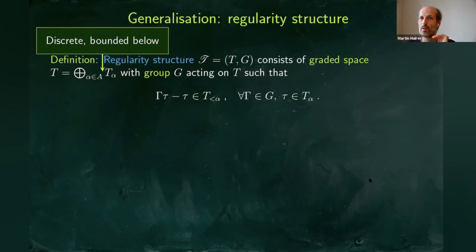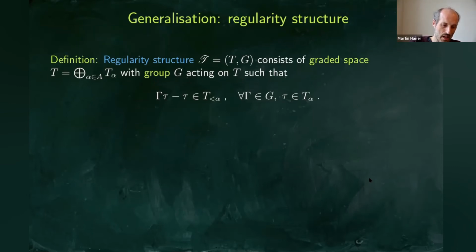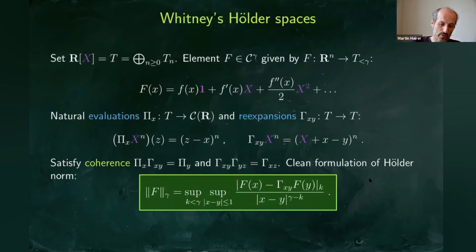There needs to be a smallest degree, but the smallest degree doesn't need to be 0. It could be -1 or something. It could be -0.5. It doesn't have to be an integer either. And then you also have a group G, actually a Lie group that acts on T. That is the analog here of the group of translations.